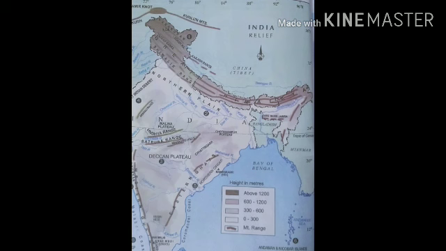The outermost range of the Himalaya is called Shivalik. Means the part which is near to India, which is attached with India, it is called the outer range of Himalaya or Shivalik.